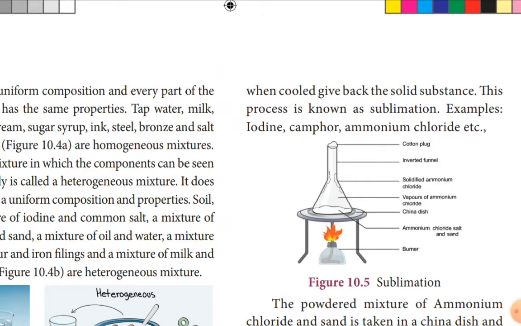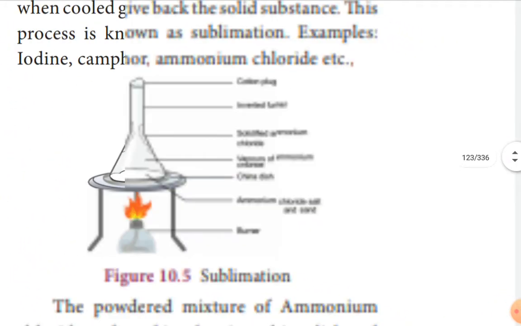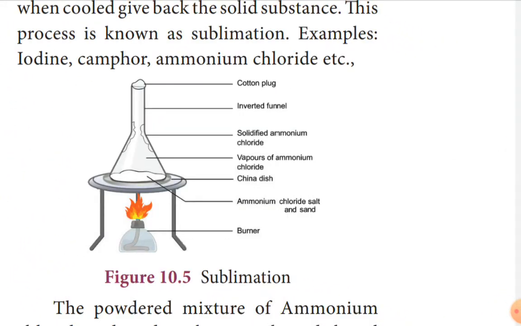Example: iodine, camphor, and you can see the diagram here. This type of method is used to separate a volatile substance from a non-volatile one. That means substances having the tendency of evaporating at normal temperature.